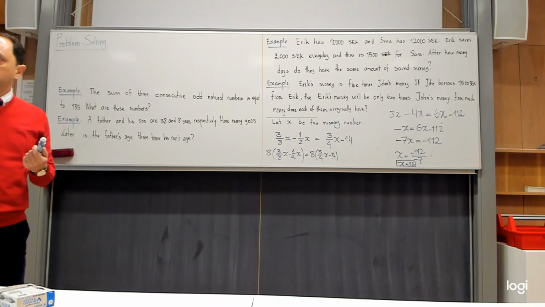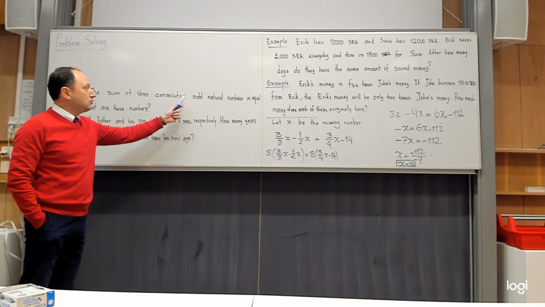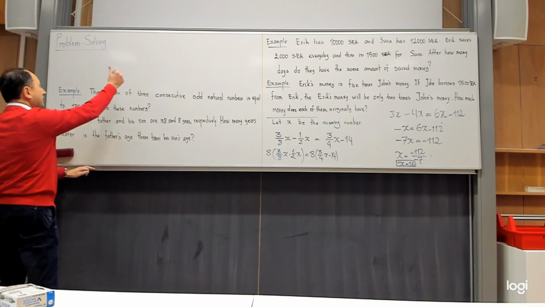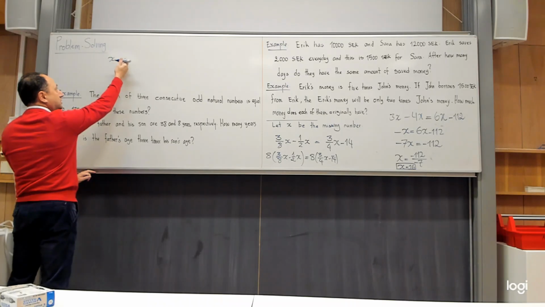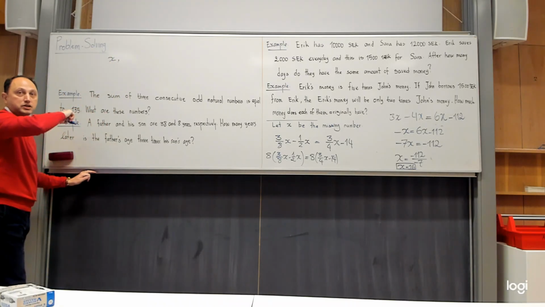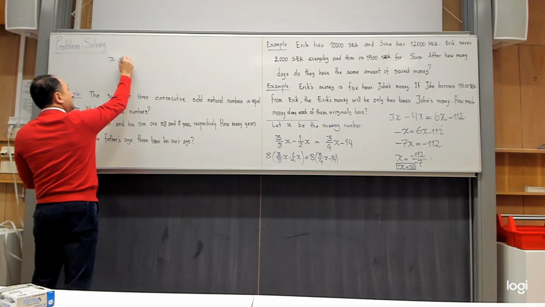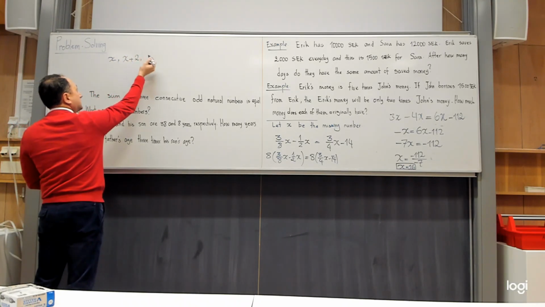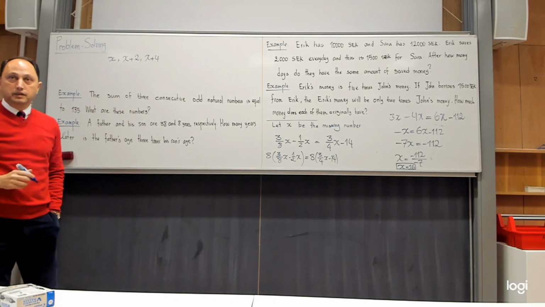But I really don't need to bring more than 1 variable, because I understand the meaning of the words consecutive odd numbers. If I have my first number x, I don't need to bring another variable for the second one, because the second one is x plus 2. And the third one is x plus 4. This is acceptable.